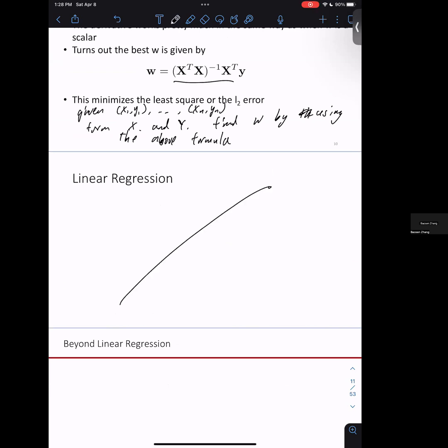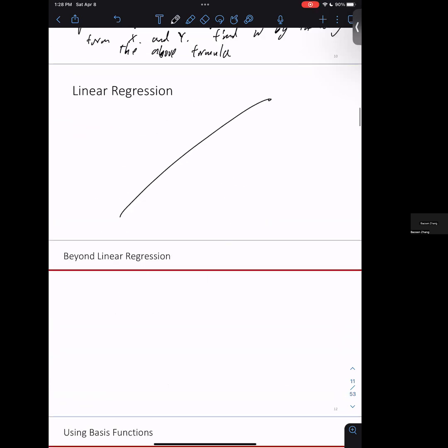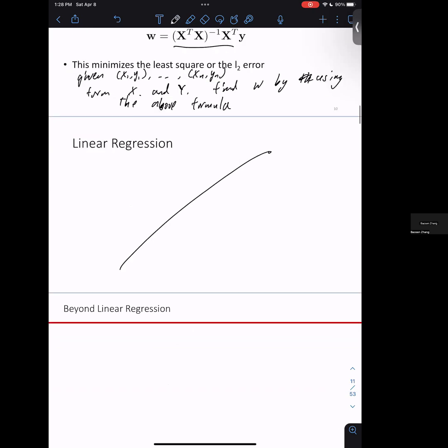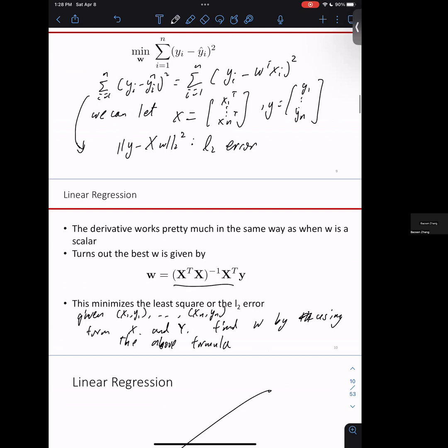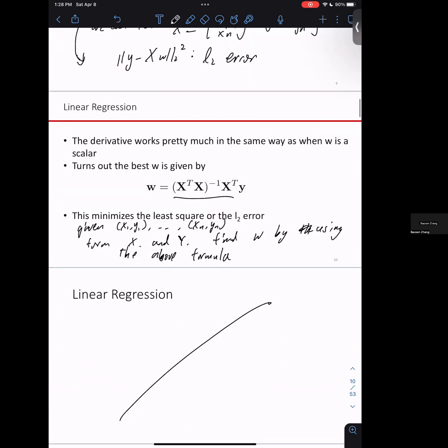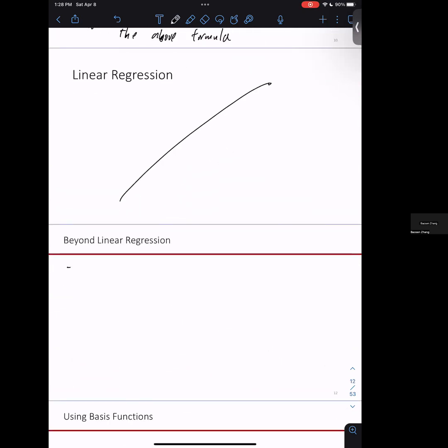So linear regression seems to be fairly trivial presented this way. But turns out it's actually quite useful. The reason it's quite useful is that we can have nonlinear functions. The only requirement is just that the weights show up linearly.